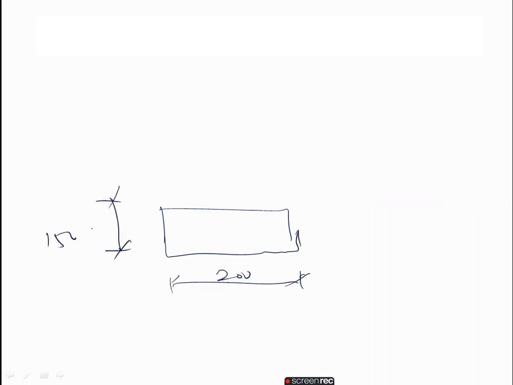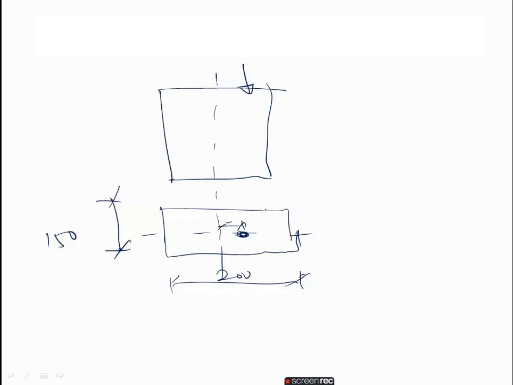So I will draw a plan. The given width is 200, depth or thickness is 150. The elevation of the column is like this, and this is the section. The load is acting here, this is the load point, and this is the eccentricity.